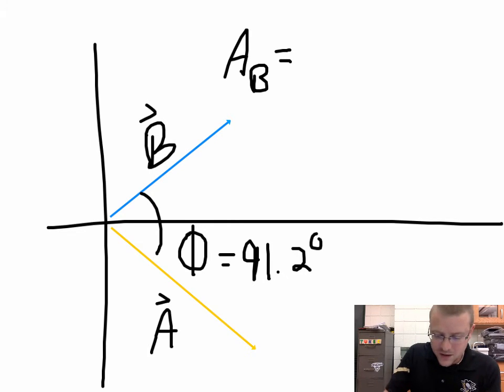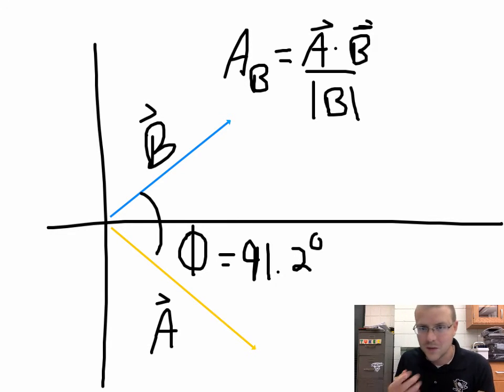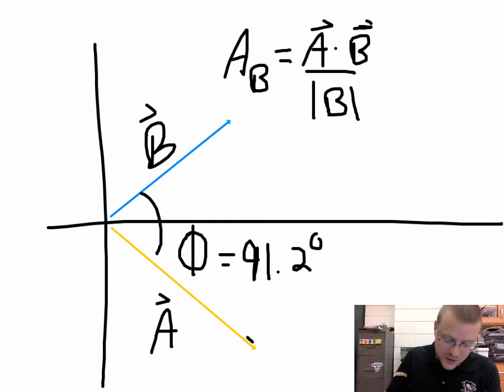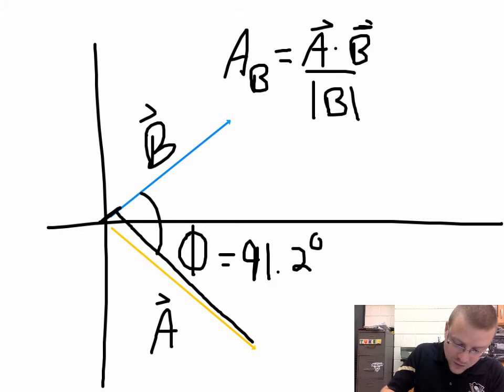Well, to do that, you've got to take A dot B, which we already know is -1, and divide it by the magnitude of vector B. So if I take the -1 and divide by the magnitude of B, 5.83, that tells me that 0.17 is the amount of vector A pointing in the direction of vector B. What that could mean is that if I project vector A onto vector B, kind of make a right triangle there, this is what I just solved for right here.